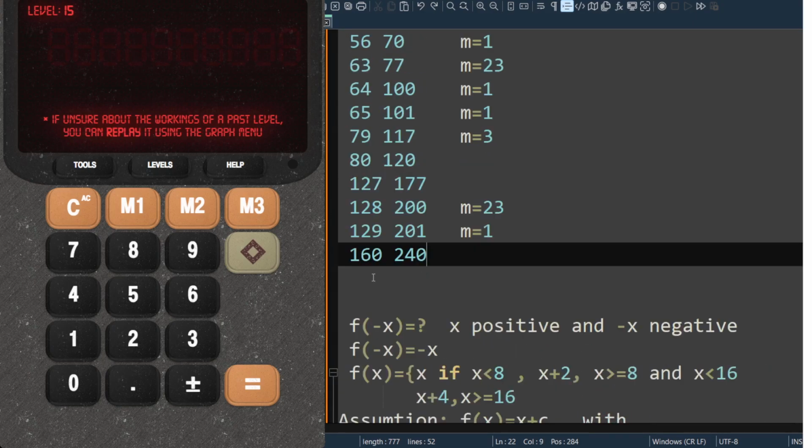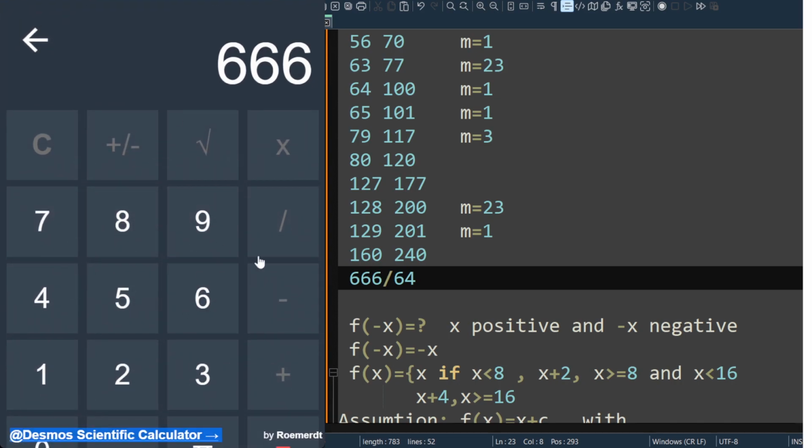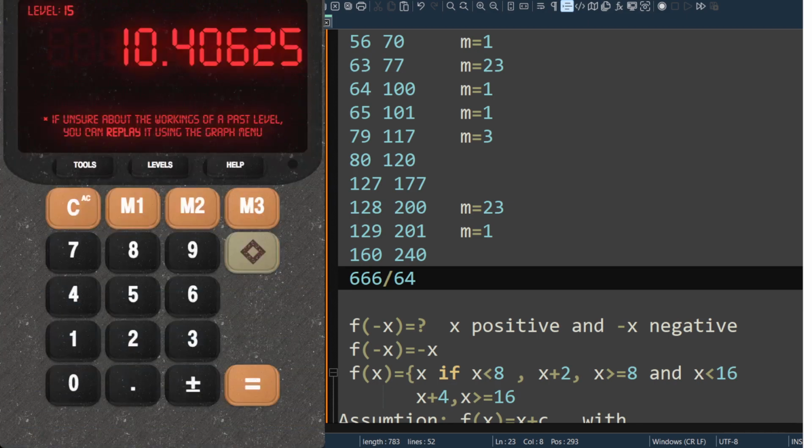So, 666, we are going to divide it by 64. I'm going to do this right here. 666 divided by 64. What do we get? 10.40625. Basically, this means 666 can be expressed as 10 times 64, which is 640, plus 24.